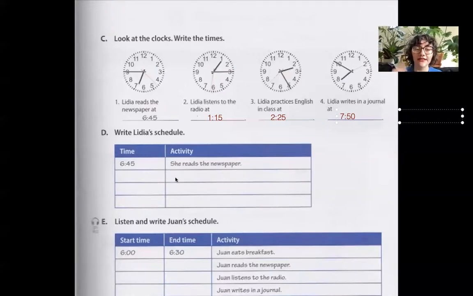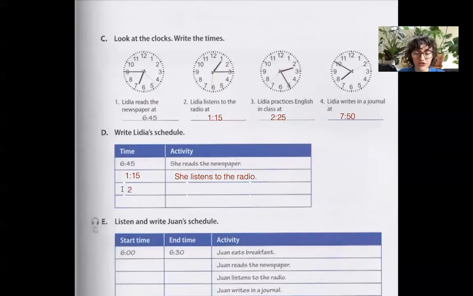So now we want to write Lydia's schedule. So at 1:15, right? At 1:15, Lydia listens to the radio. So let's use the pronoun, right? Let's use she. She listens to the radio, right? Next one, Lydia practices English in class at 2:25. So what we'll write is 2:25. And what we'll say is Lydia, or let's use she practices English in class, right?